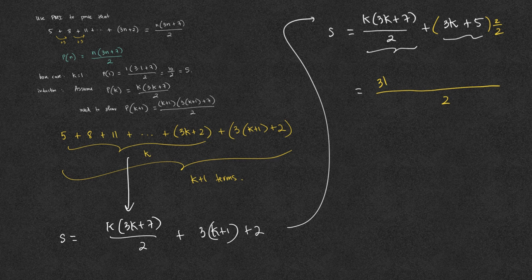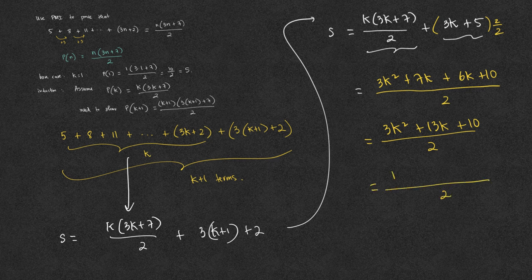This is now 3k squared plus 7k plus 6k plus 10. Combining like terms, we have (3k² + 13k + 10) over 2. And this can be factored to (k + 1) times (3k + 10).